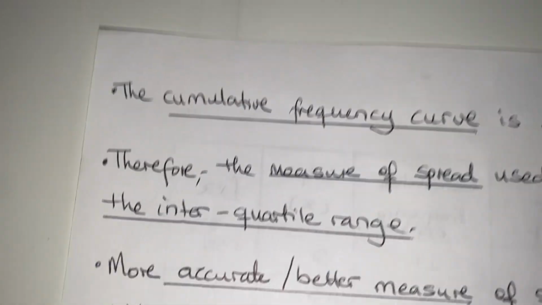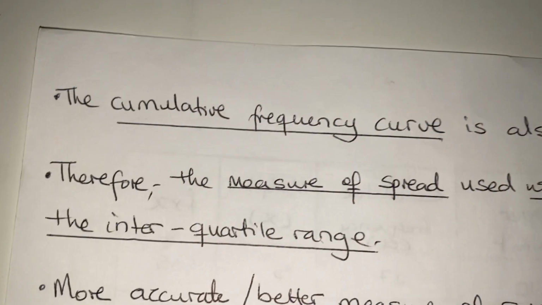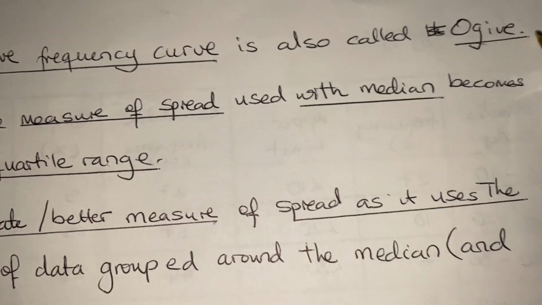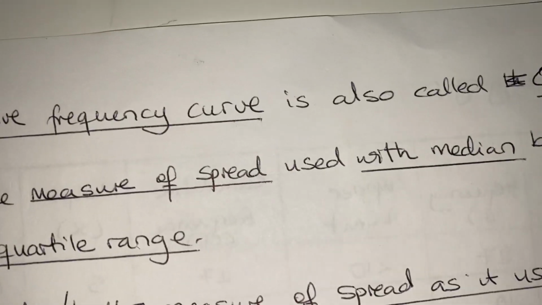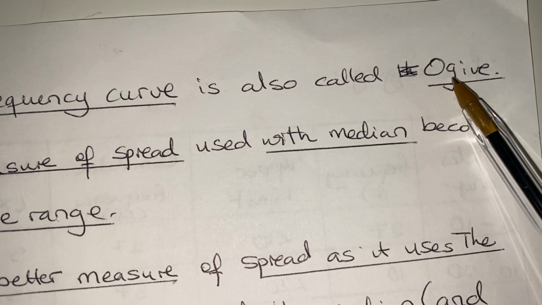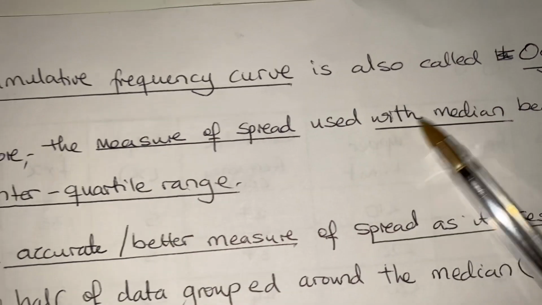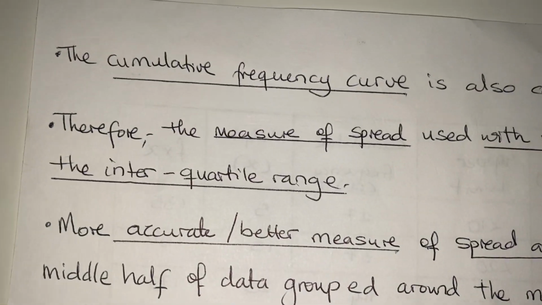As I said, we are looking at the introduction. The cumulative frequency curve is also called the ogive. Because it's a curve, it's called the ogive, or the cumulative frequency curve.